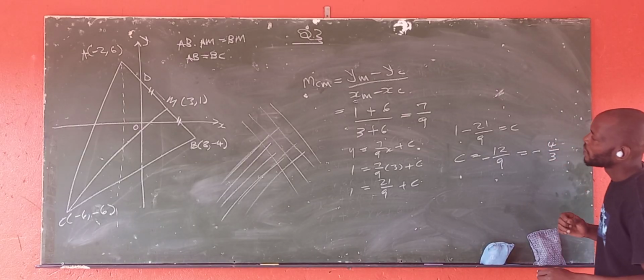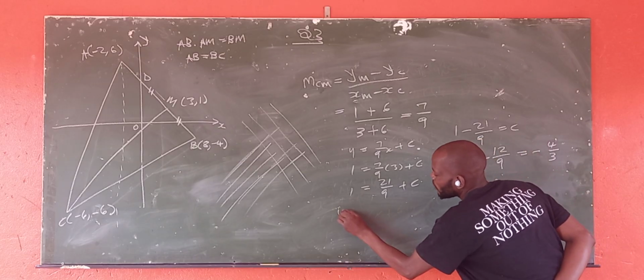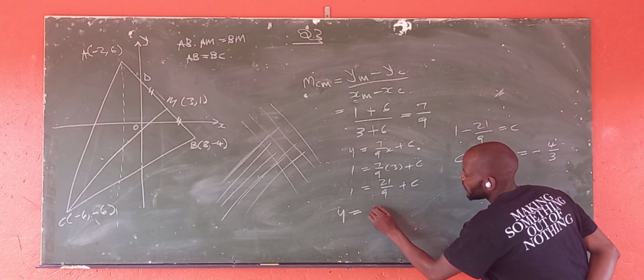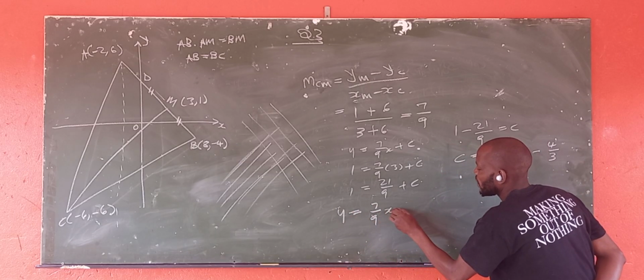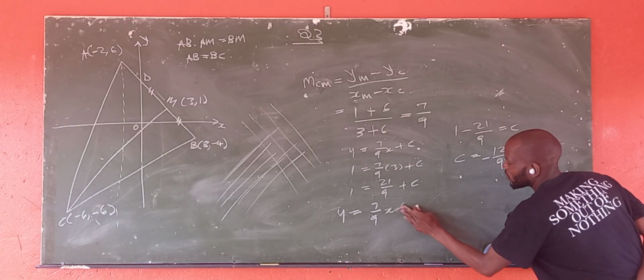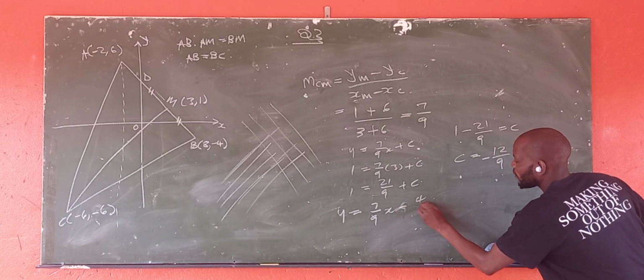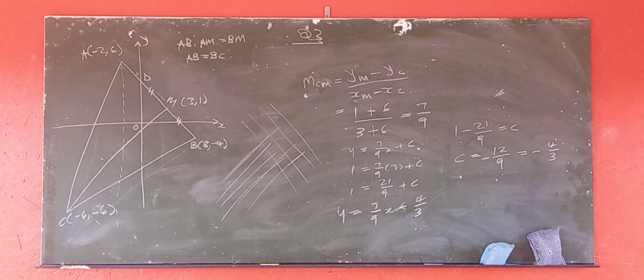So the equation of the line would be y is equal to 7 over 9 x minus 4 over 3, right? That would be the equation.